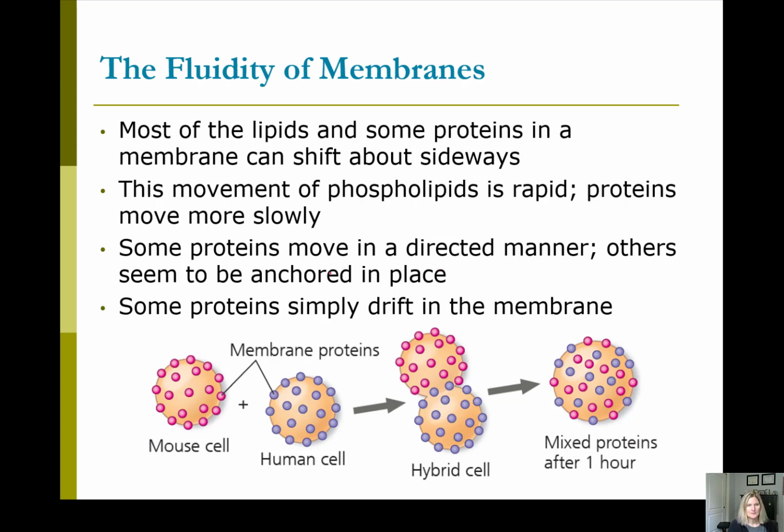They tend to be more anchored in place. They might drift slowly. Okay. So here you can see an example of that. If we're trying to hybridize a mouse cell and a human cell, and there's all these membrane proteins, once we hybridize, eventually the proteins will start to scatter, okay, but they're a little bit slower.